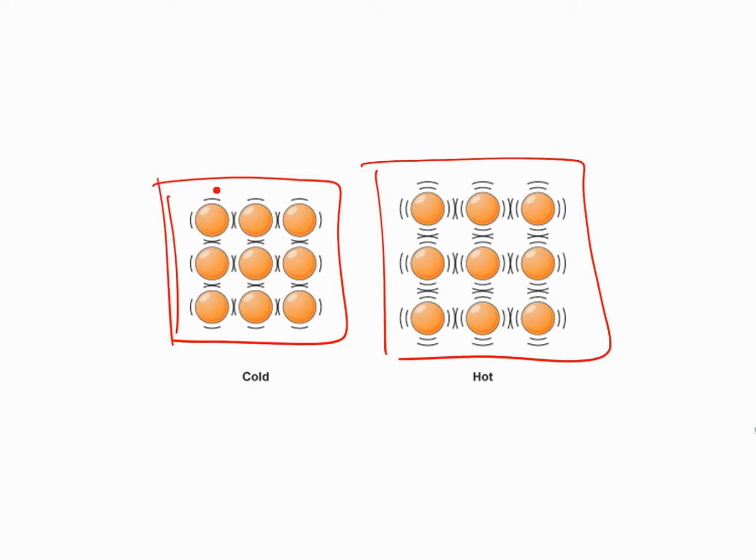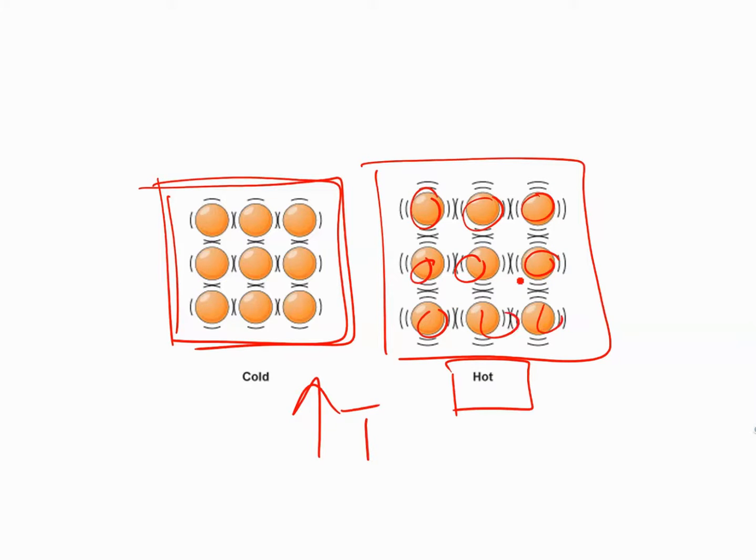So when we place the material or the crystal in a relatively cooler environment, then the atom will vibrate with a smaller degree of freedom. However, when you increase the temperature, then now the environment becomes hotter, then the atom will vibrate with larger degree of freedom.